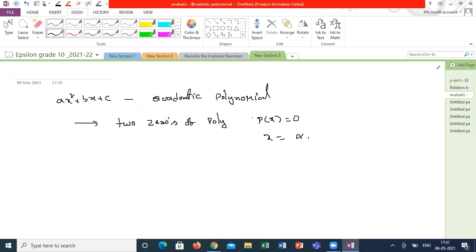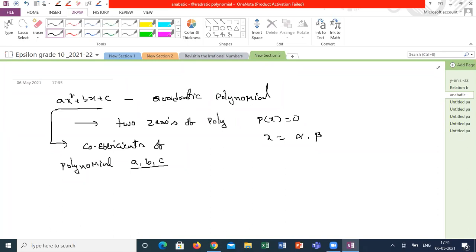So what does our heading say? The coefficients of this polynomial are a, b, c.